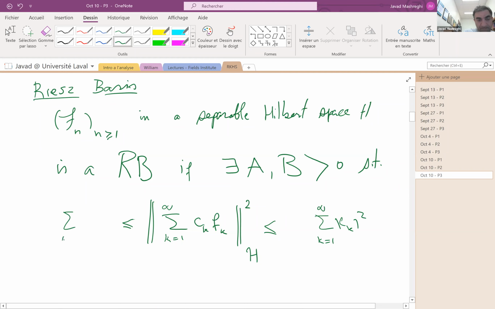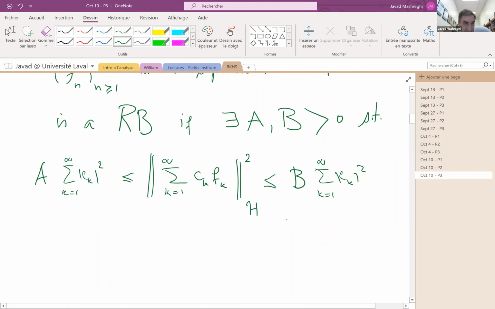Controlled means you put a constant here, A, and a constant B. The values of the constants A and B are important, in particular in numerical calculation, but if in our calculation they are not, the notation that we use is like this.